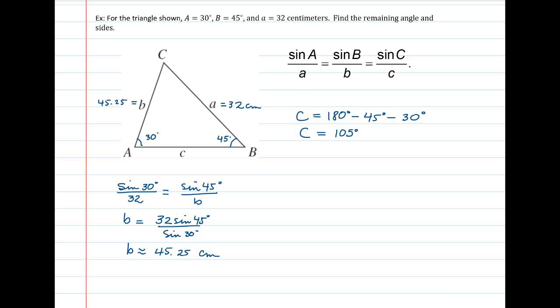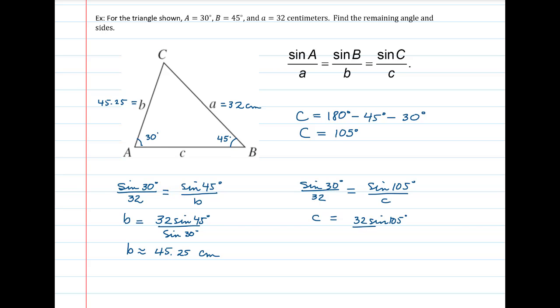And now all we have left to find is side C, little c. Now remember, we already know what angle C is, 105 degrees. So we set it up by doing sine of A over a equal to sine of C over c. And that's, for us, sine of 30 degrees over 32 equal to sine of 105 degrees over lowercase c.